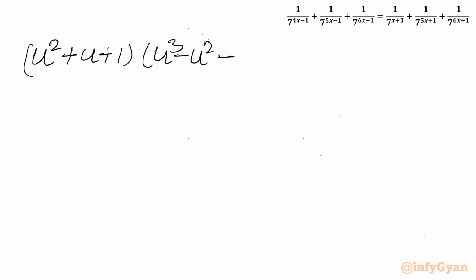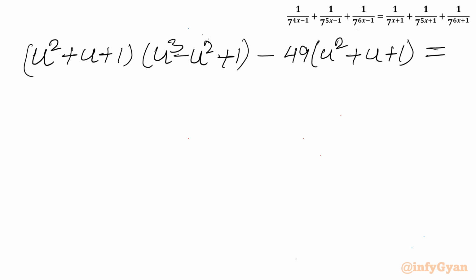So I can write (u² + u + 1)(u³ − u² + 1) − 49(u² + u + 1) = 0. Let us take u² + u + 1 common out.